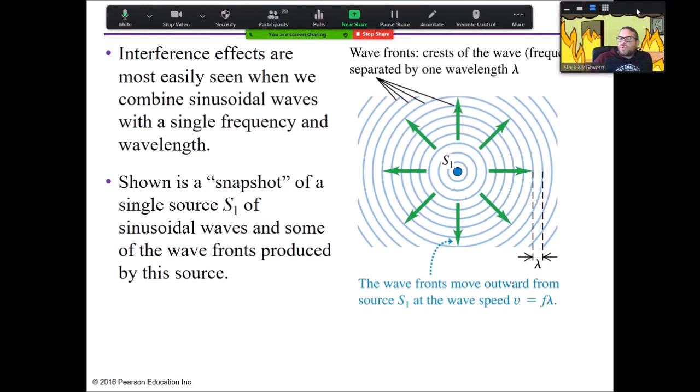Each of the circles represents the maximum amplitude, or what we call the crest of the wave. There are waves throughout the space, but the wavefront is illustrated by mapping out where the peaks are on these waves.